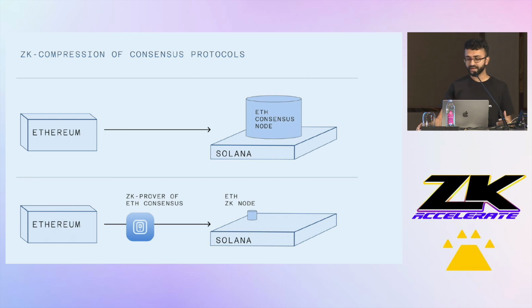If you go into why you would want to do that, one of the first obvious use cases is ultra-secure cross-chain transactions. Any transaction originating on Ethereum can be verified with a very high level of security on the Solana side, and you don't have to rely on any third-party security models.